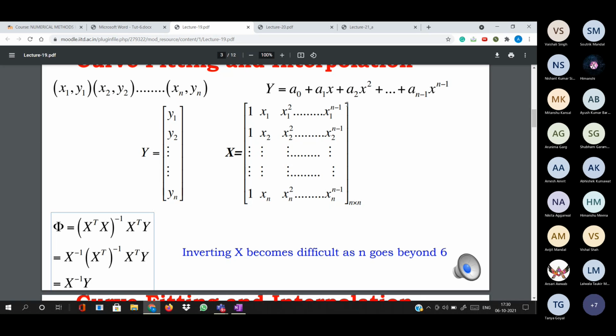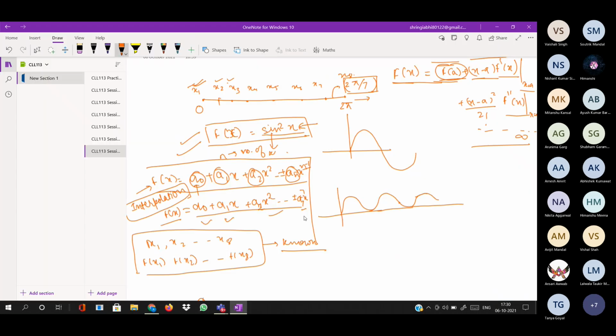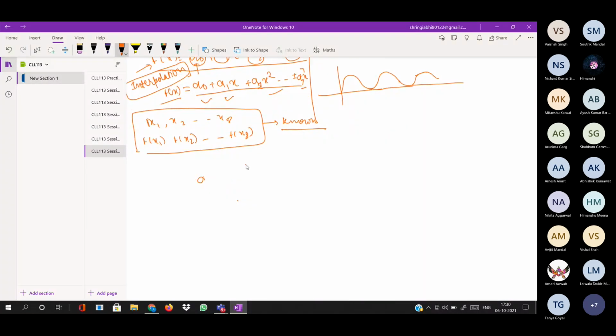So how are we going to solve these? We are going to get it in the same way as Ax = b, but here the notation is different.